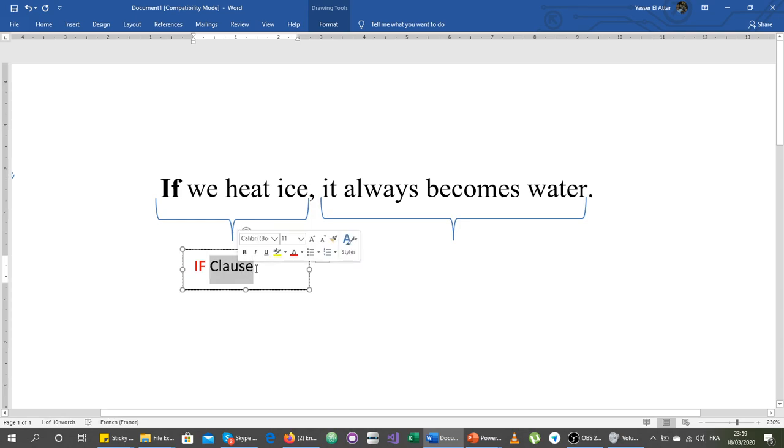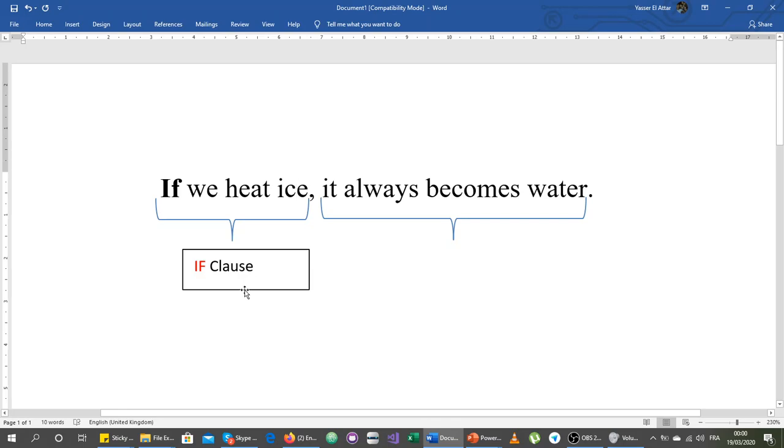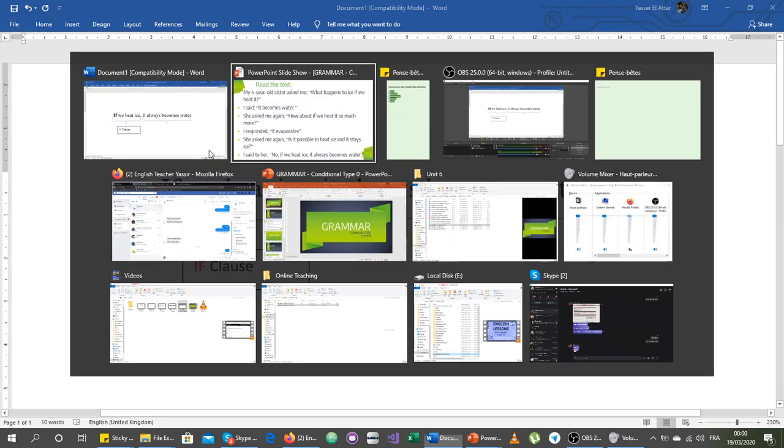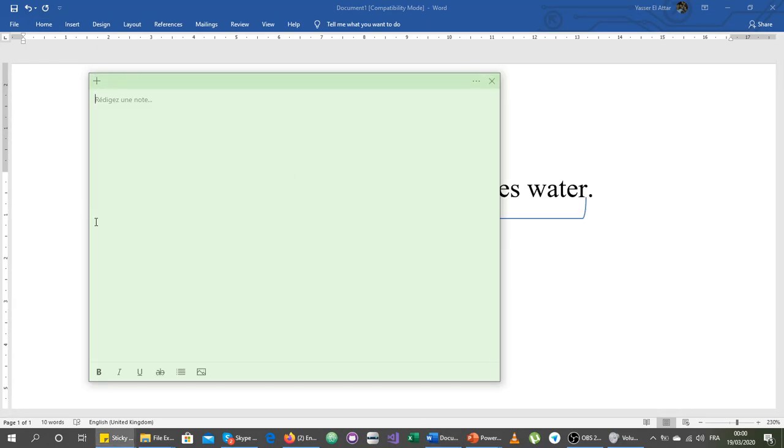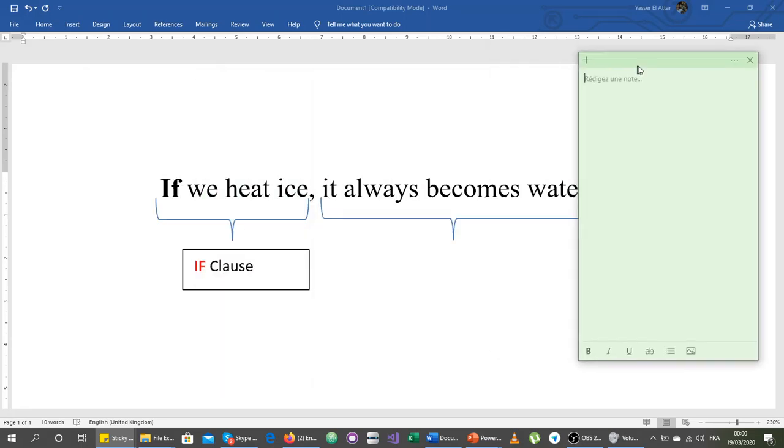What is a clause? A clause is a part of a sentence. Let's make a mark here. Okay, so what is a clause? Clause, it is a part of a sentence.